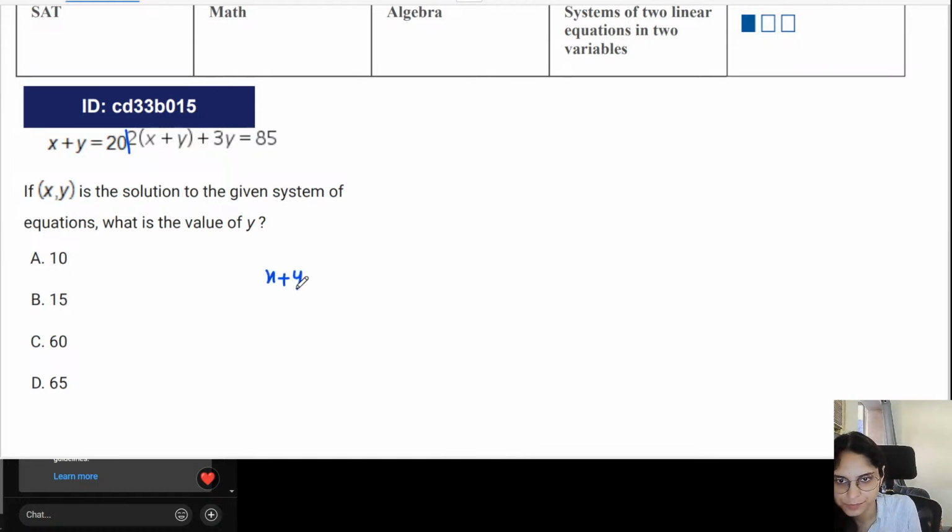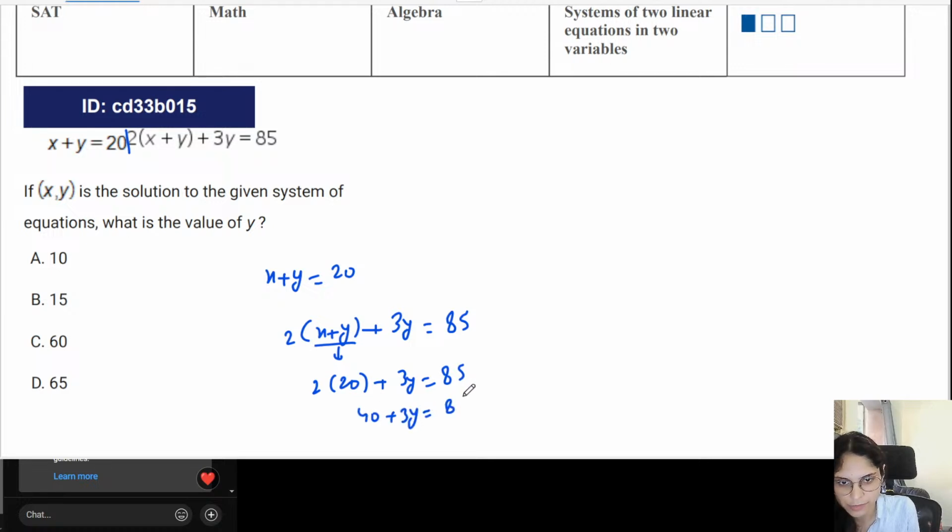So x plus y is 20. In place of x plus y, you can put 20. So 2 times 20 plus 3y equals 85. 40 plus 3y equals 85. 3y is going to be 45, y is going to be 15.